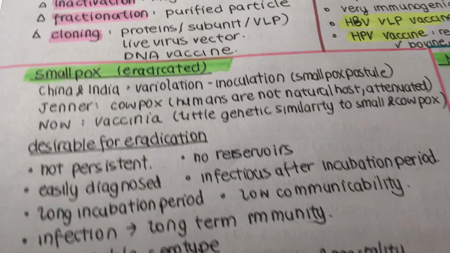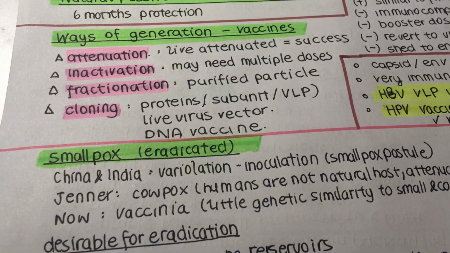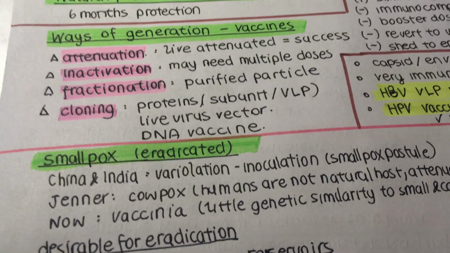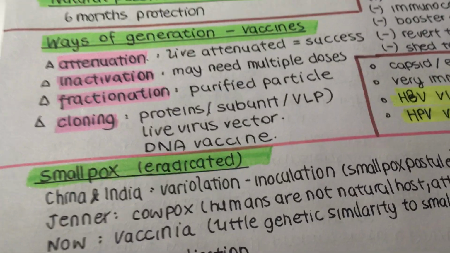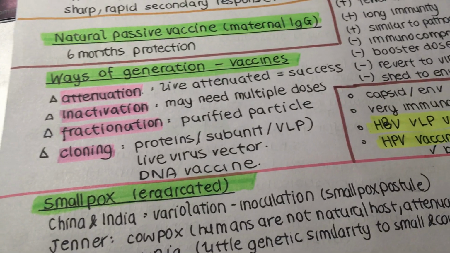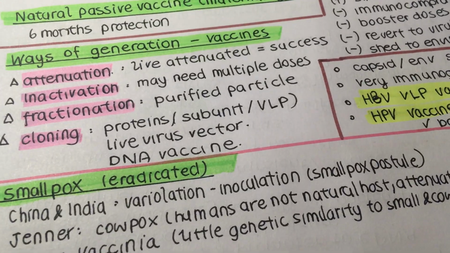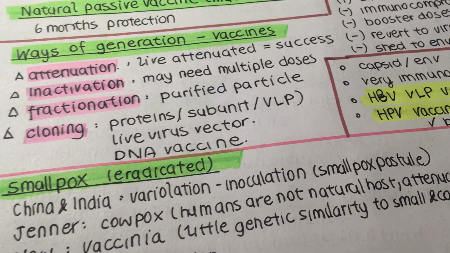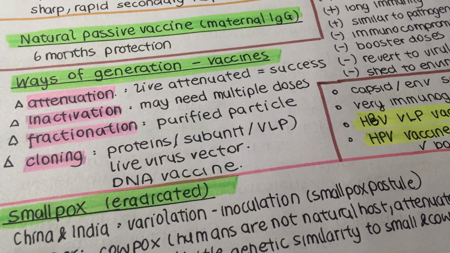So smallpox is a disease with a high morbidity and mortality. So it's important to eradicate it because it has a huge economic benefit. And basically the eradication of smallpox has been successful, and we believe that this might be due to the fact that it is not a very persistent infection.